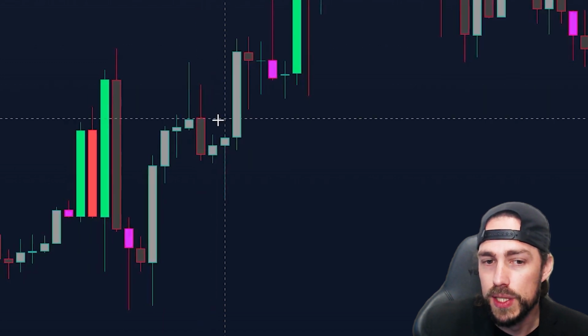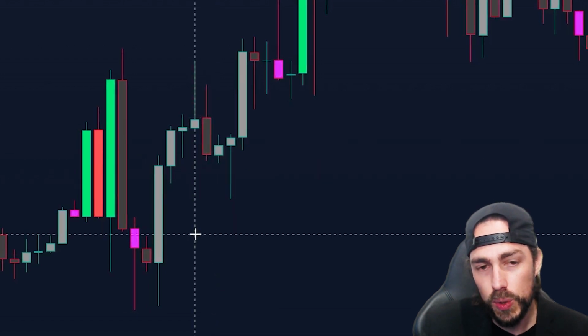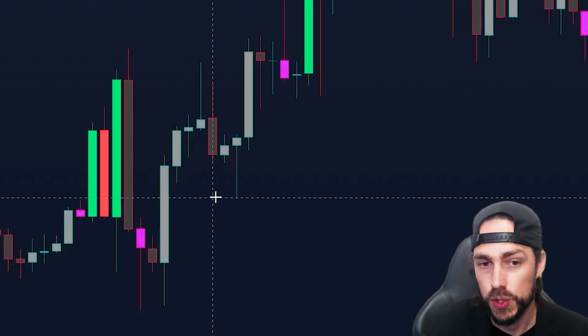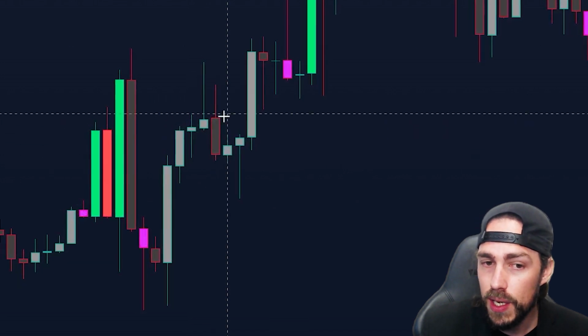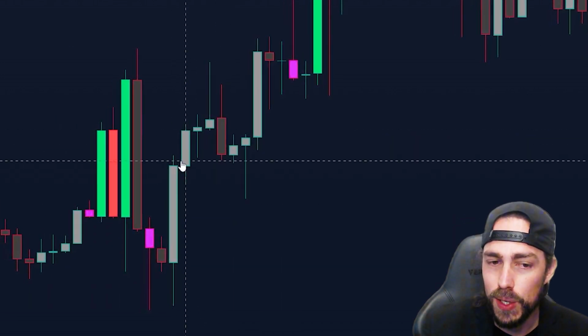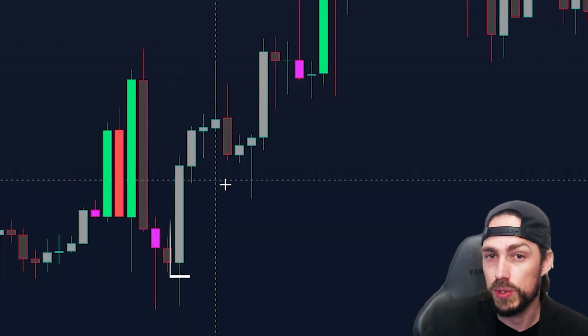How high did the price actually go during this specific trading session? So the wicks tell the story, and the candle body shows you the opening and closing range. And if the closing range is lower than the opening range, the candle is red. And if the closing price is higher than the opening price, the candle is green. So this is important to understand.